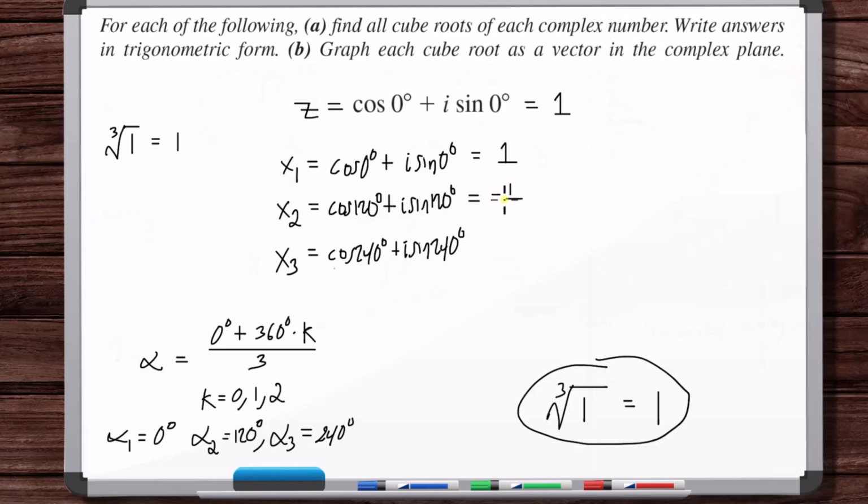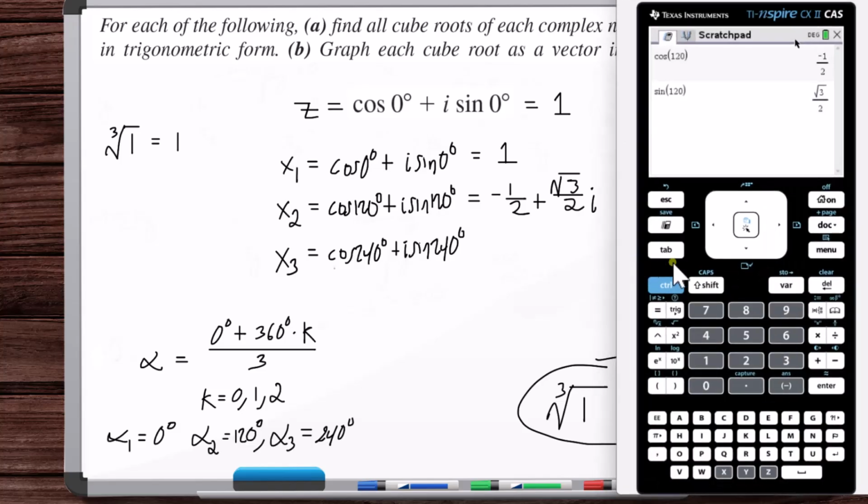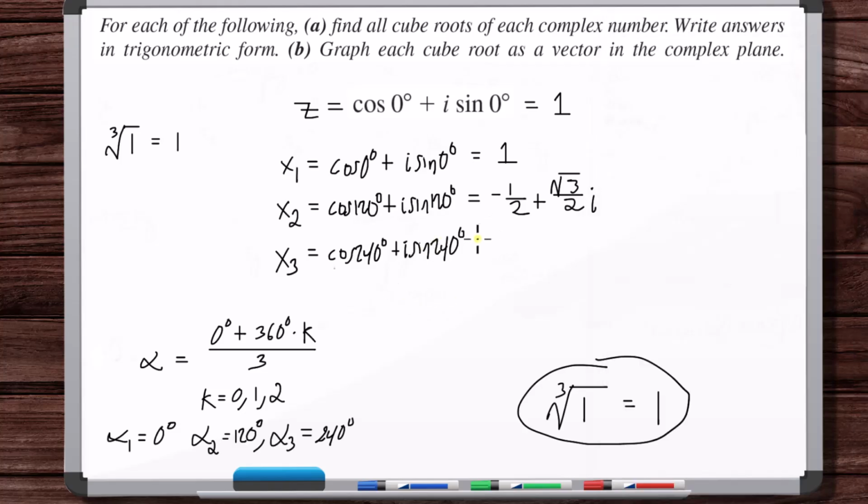Okay, minus 1/2 plus root 3 over 2 i. Now let's see. Cosine of 240 plus i sine 240 is minus 1/2 minus root 3 over 2 i.